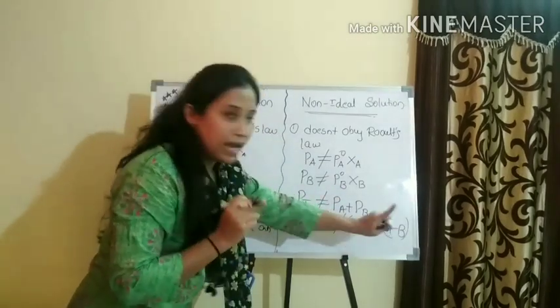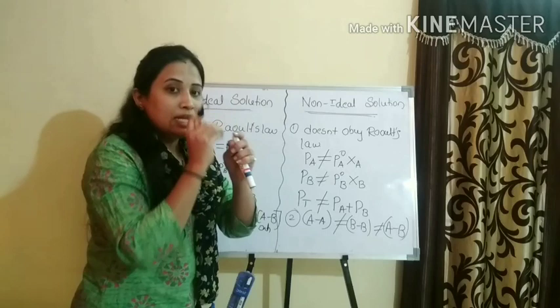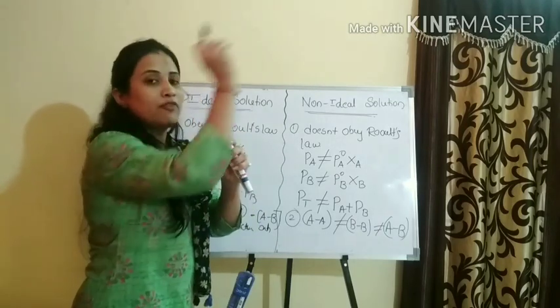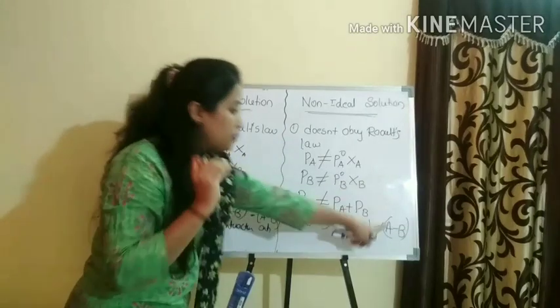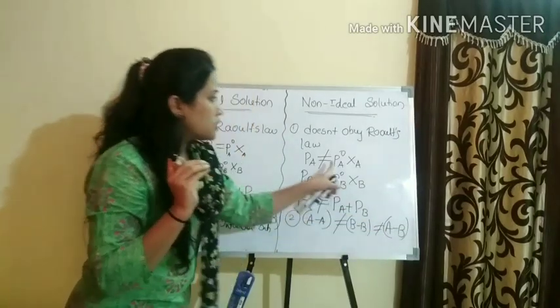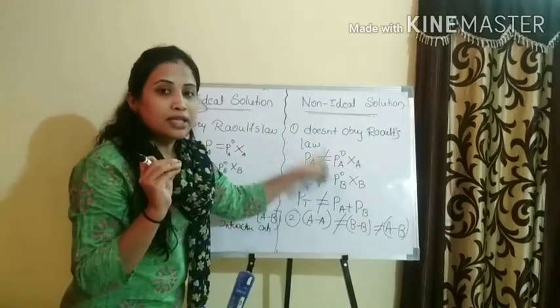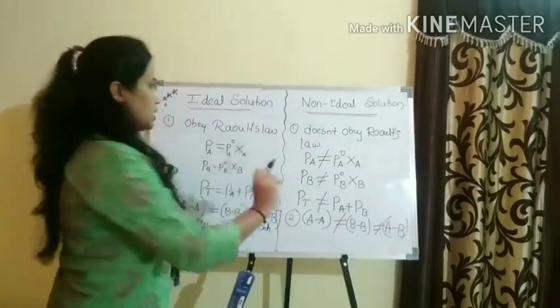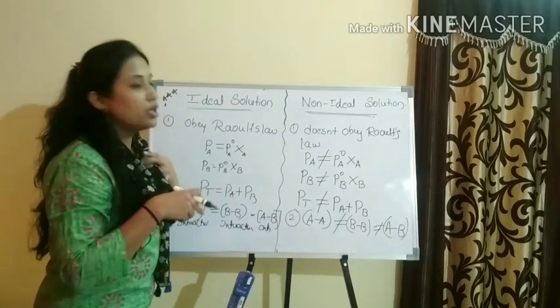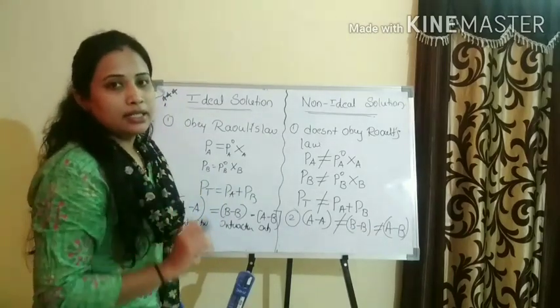If they are strongly held after mixing, very less component will reach the vapor phase. So the vapor pressure will be affected, and its value will not be equal to that according to Raoult's law. Quite simple. So these are the two conditions for the ideal and the non-ideal solution.